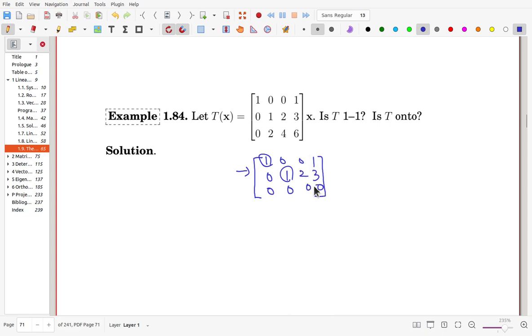Earlier I made a mistake. If each row has a pivot, then it is onto, but there's no pivot here, so it is not onto. If each column has a pivot, then it is one-to-one, but these two have no pivot, so it cannot be one-to-one. Okay.